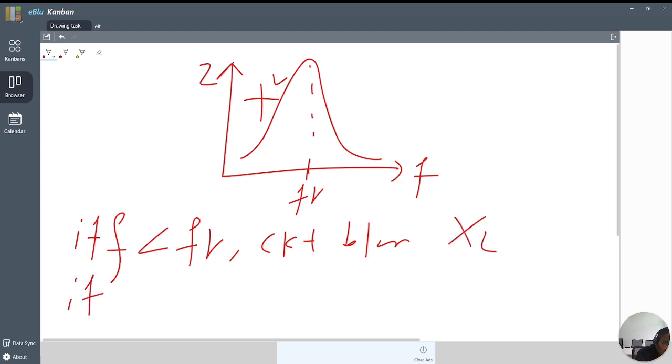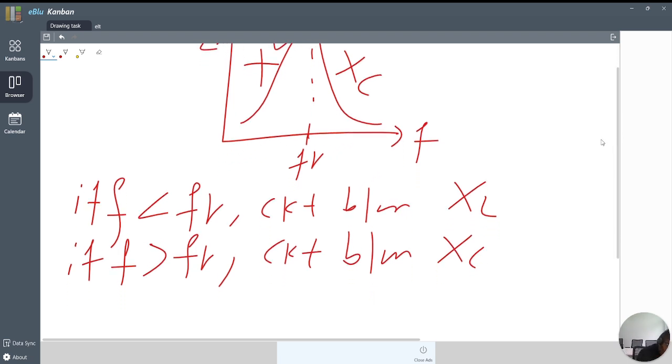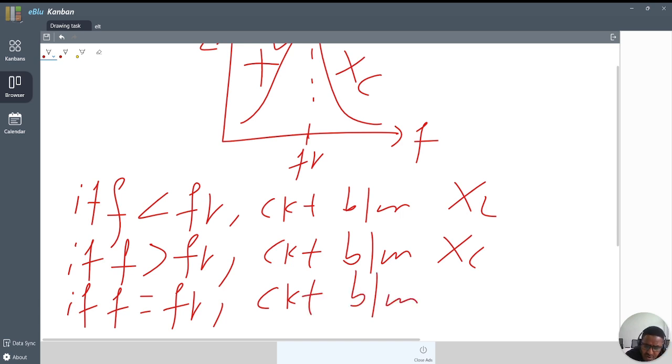If F is greater than FR, the circuit becomes capacitive, with capacitive reactance XC. But if the frequency equals FR, the circuit is resistive, and the impedance is R.